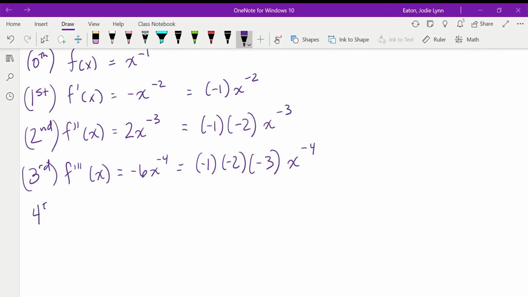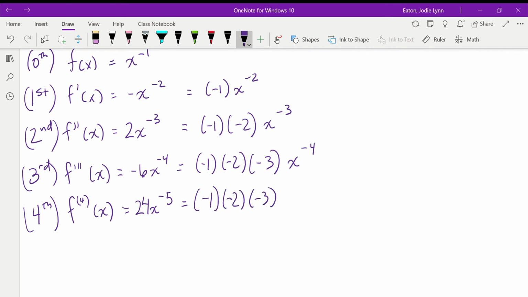And our fourth derivative, we're asked to find the first 4, and hopefully this will give us enough to develop a pattern, is positive 24x to the negative 5, which is negative 1, we multiplied by negative 2, we multiplied by negative 3, we multiplied by negative 4, and we have an x to the negative 5. We've multiplied by everything up to.